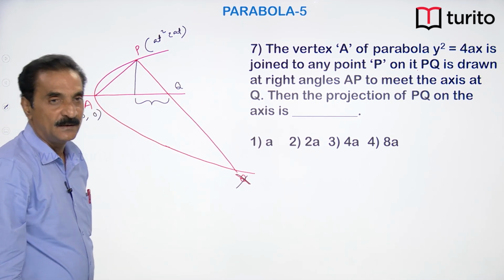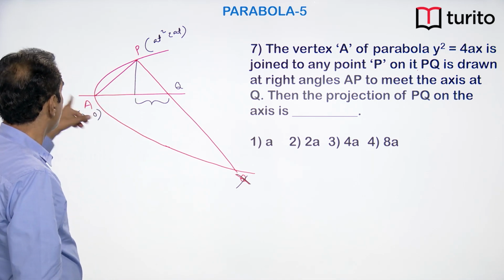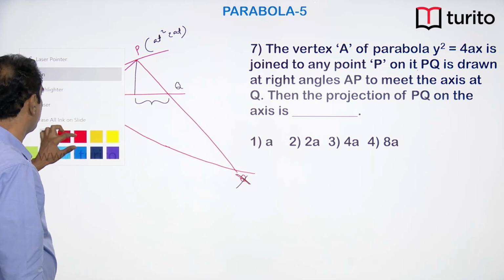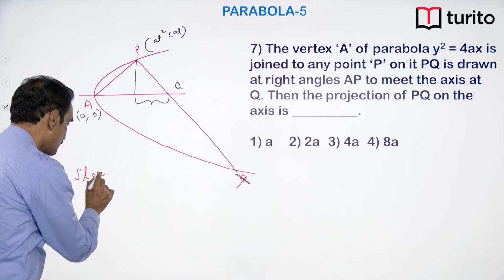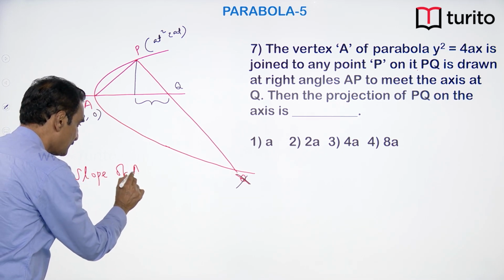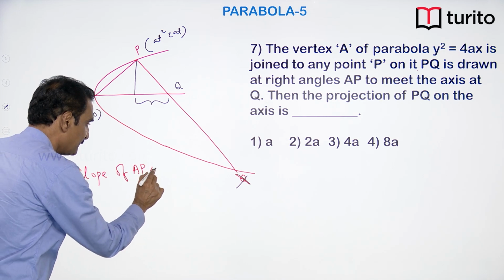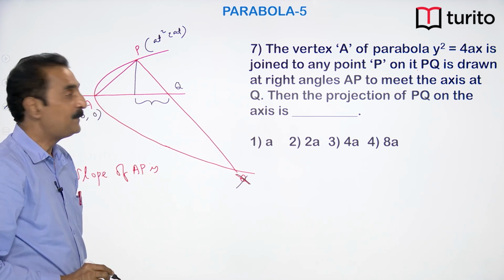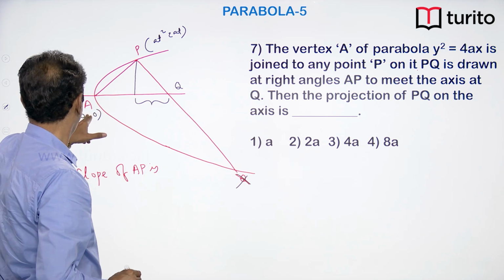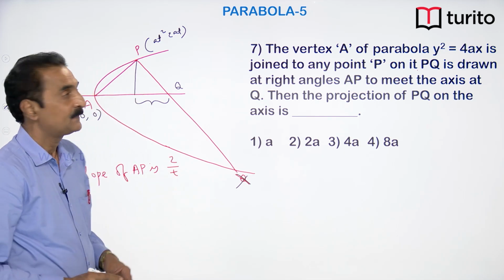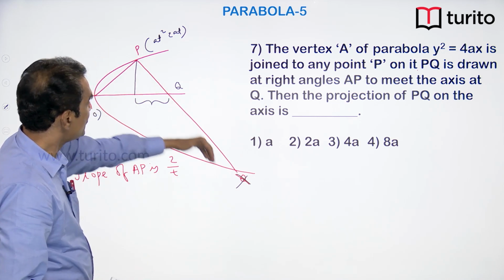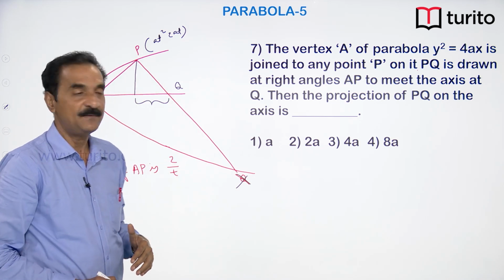Okay. Now, what is the slope of OP? Not OP, it is AP. Slope of AP is 2 by T. Then what is the slope of this perpendicular line?